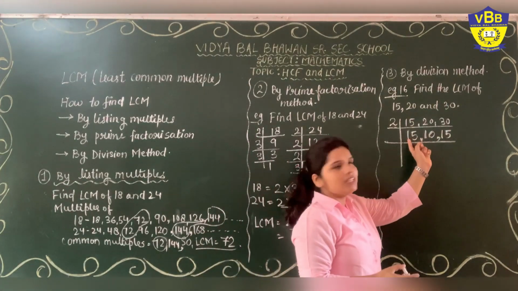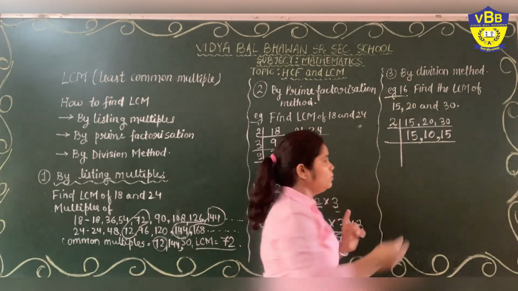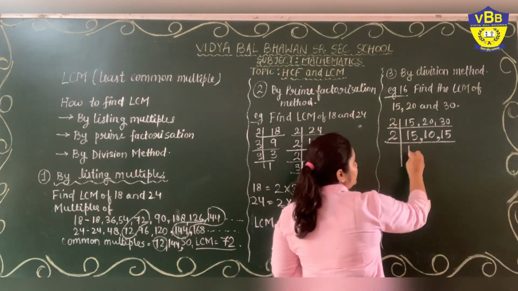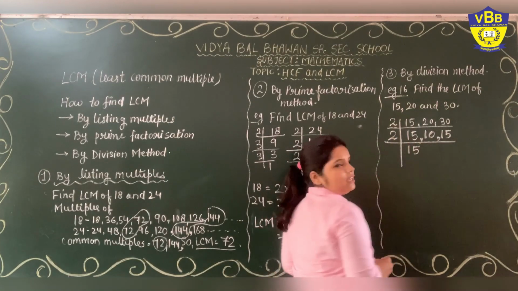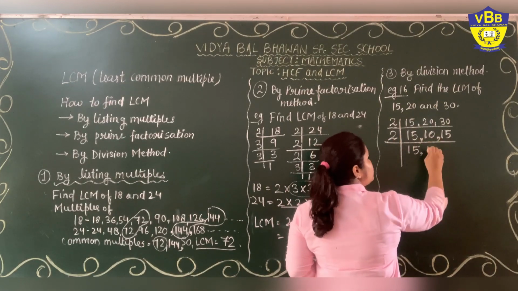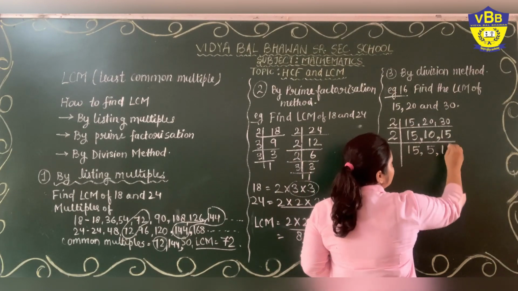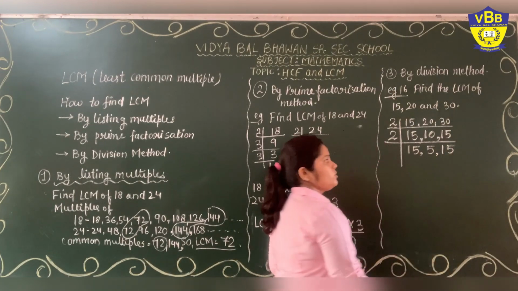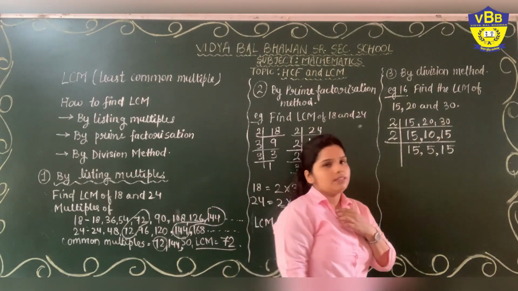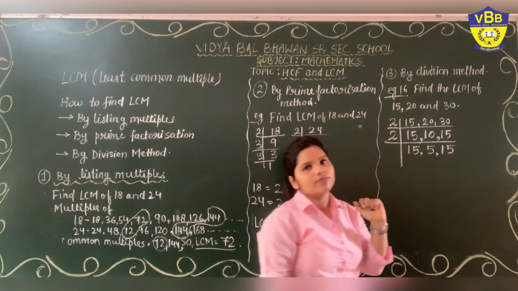Yes. 15 is not divisible, but 10 is divisible by 2. So again we write 2 here, 15 is written as it is, and 10 divided by 2 is 5. Then we follow the same step with 15, 5 and 15.